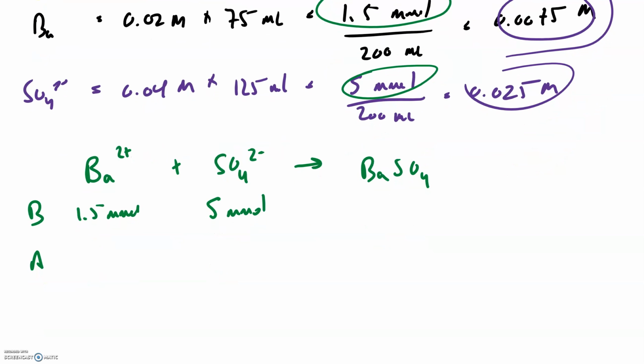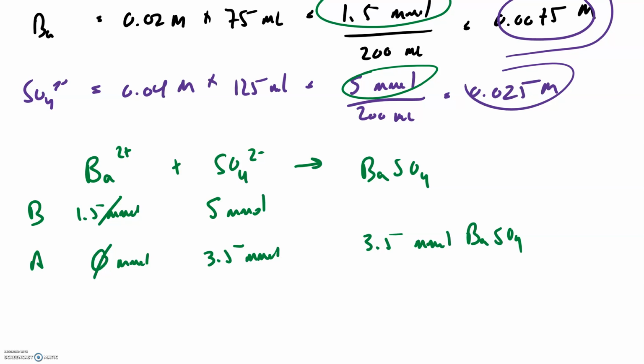When these combine to make the precipitate, there isn't going to be any barium left, so this is going to be 0. We'll have 3.5 millimoles of sulfate left, and this is going to make 3.5 millimoles of barium sulfate.